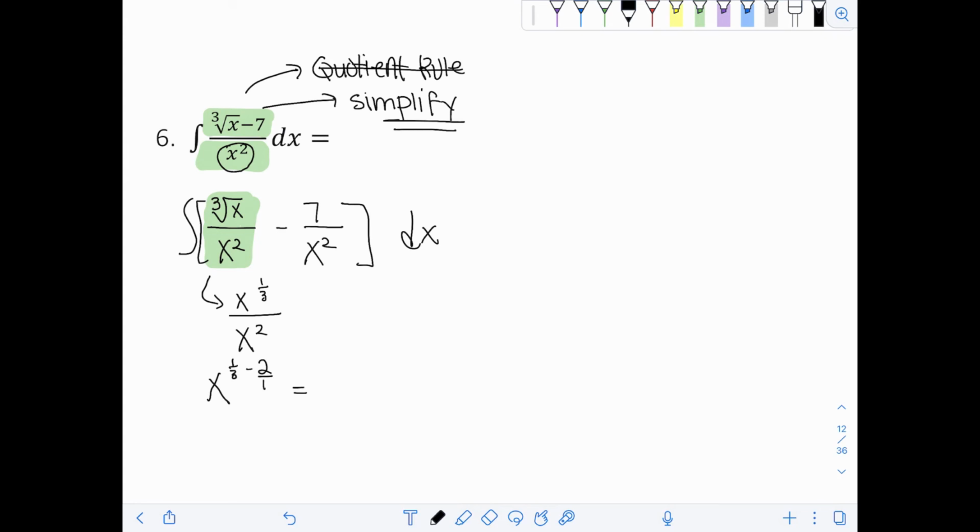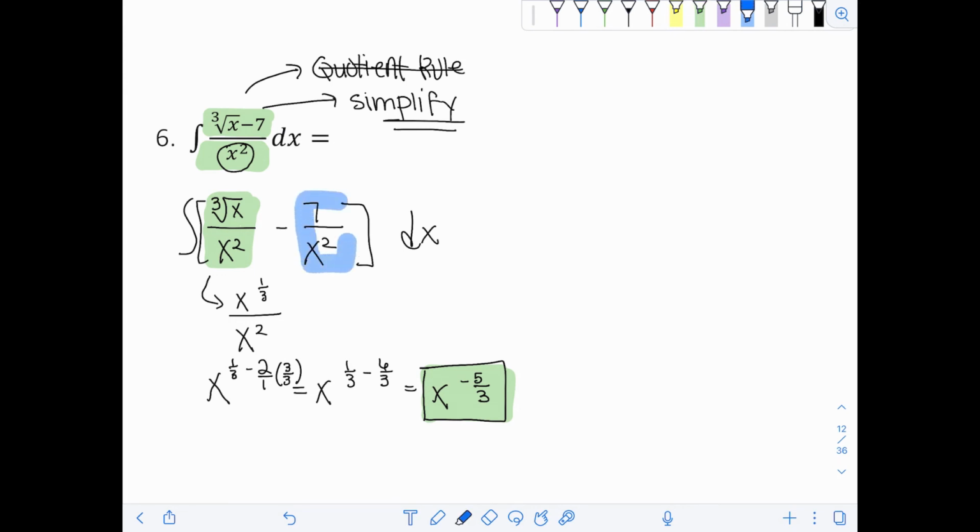So if I combine them, I could multiply the 2 by 3 over 3, so that's 1/3 minus 6 over 3, so we get x to the negative 5/3. So I simplified cube root of x over x squared to x to the negative 5/3. And yeah, the exponent's a fraction, but we can still use the power rule even if it's a fraction.